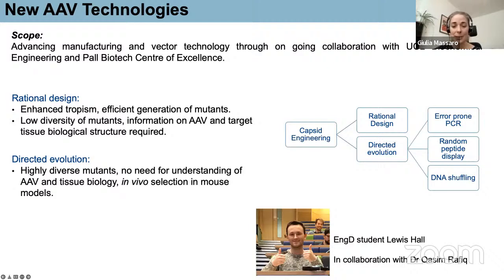He just started a few months ago, in collaboration with Dr. Kazim Rafiq at Bioengineering, and he will be working on AAV technology and capsid design. As we all know, everyone is looking for the best capsid for the application, and Luis is going to look into this, touching upon different ways to engineer the capsid. So there is also research going on in this facility, not just a service that we provide to external users.